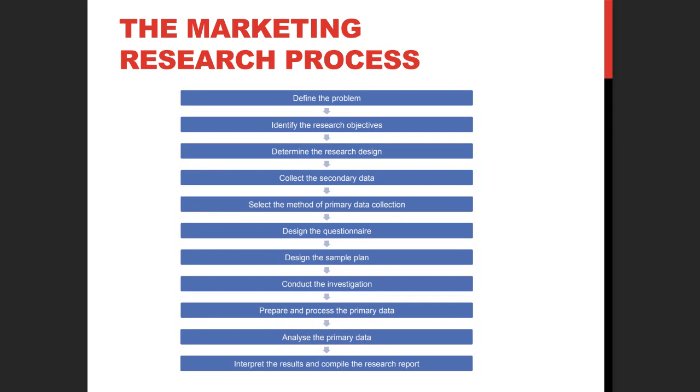Okay, so I would like to ask you on the primary data methods of collection. We have got the quantitative data and the qualitative data, and on these two, we have got different methods of data collection.